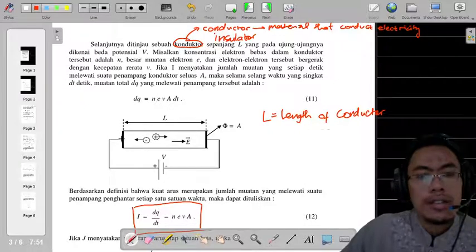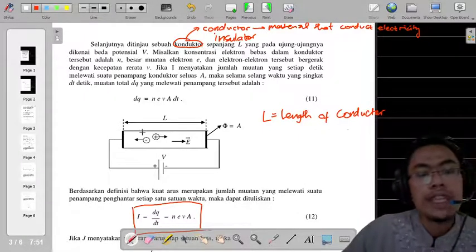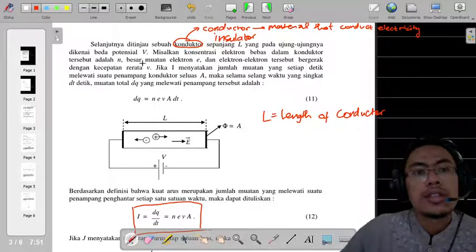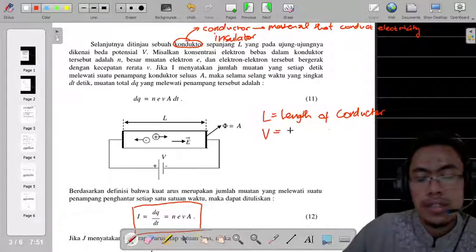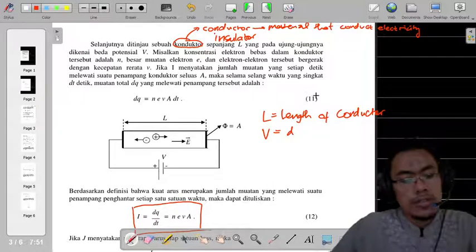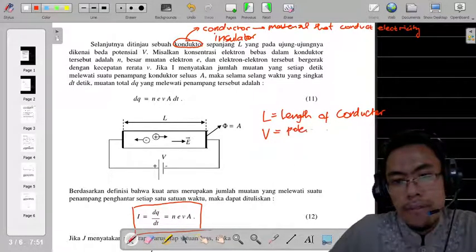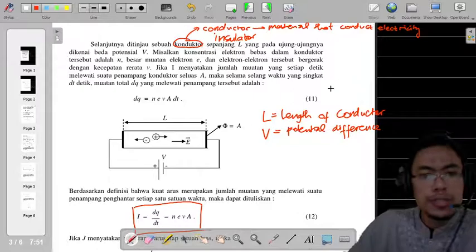And at every edge of the conductor there is a potential difference of V. So big V is the potential difference.